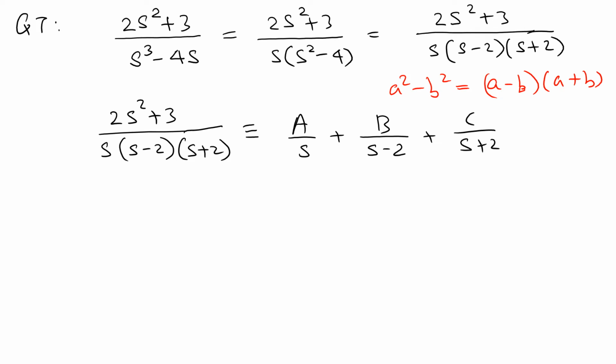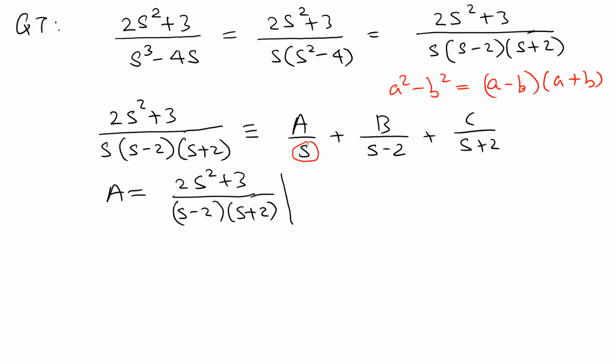So let's use the cover-up method now. Let's say a. So if you want to find a, it's 2s squared plus 3, and we do not write the s when you find a. So we write the rest, which is s minus 2 and s plus 2.